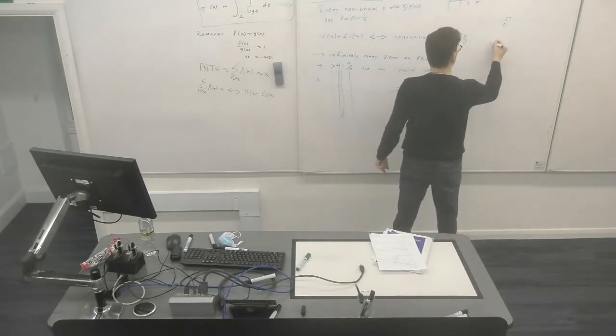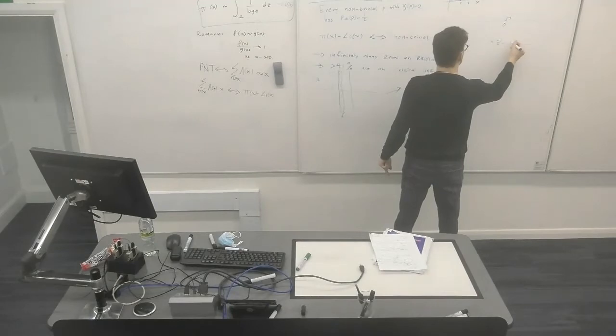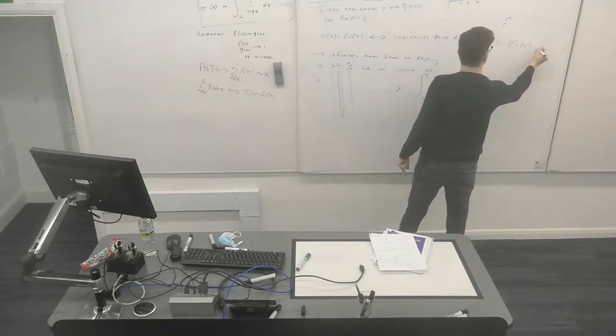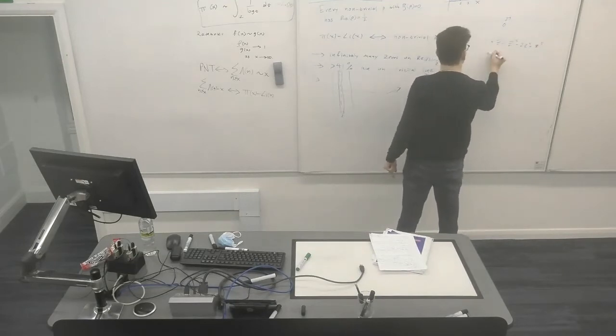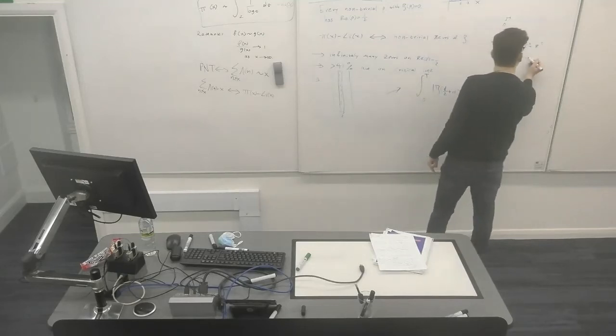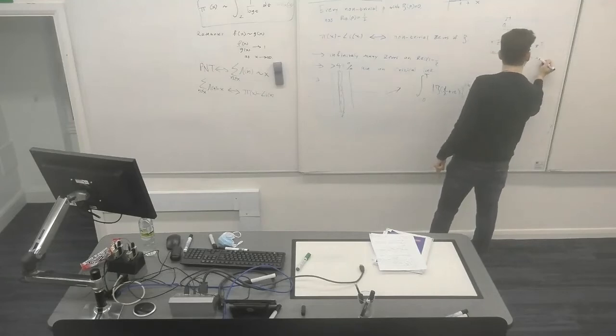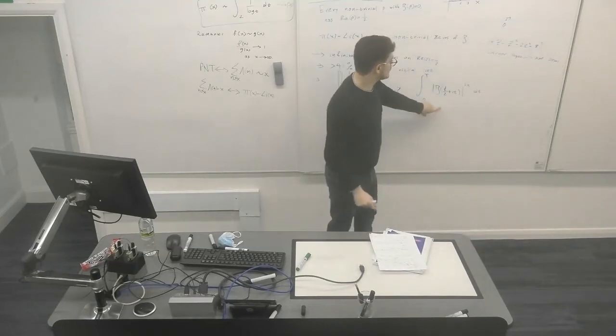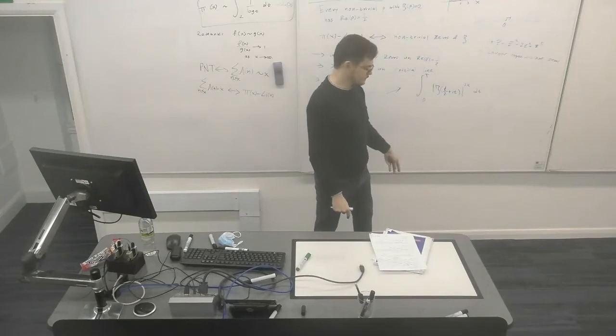We know that a polynomial with a larger degree means more zeros, right? So it's similar here. The larger the moments, the more zeros you have.